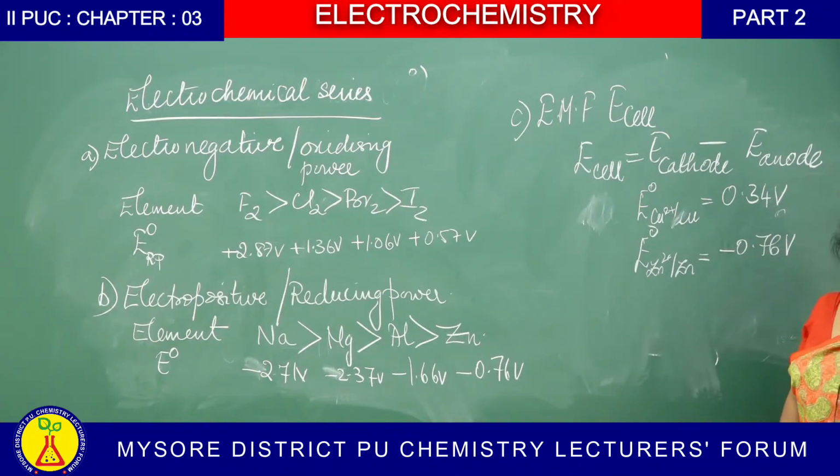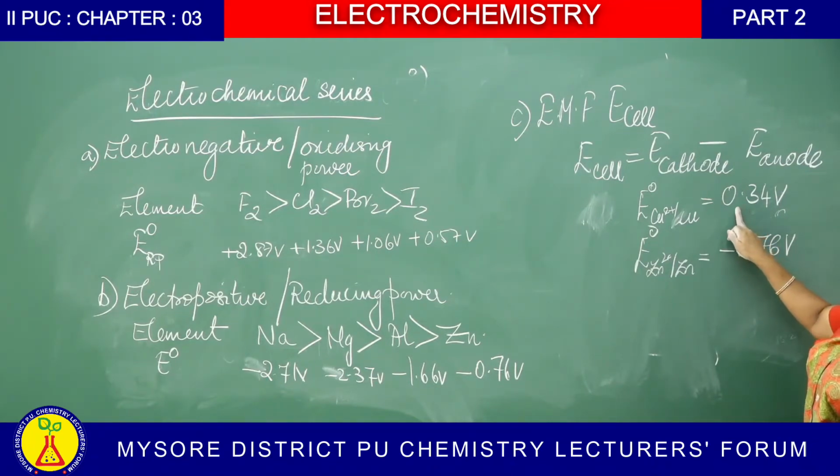If you want to determine which will act like the cathode and which will act like the anode, we need to go back to our definition. What does the definition say? Cathode is the electrode at which reduction takes place, and anode is the electrode at which oxidation takes place. Therefore, if you compare the electrode potentials of copper and zinc, copper has a more positive value as compared to zinc.